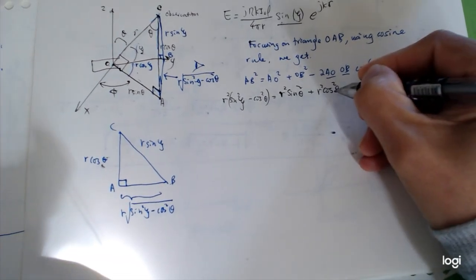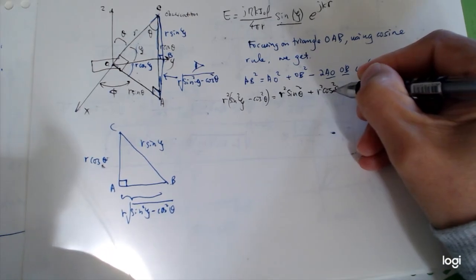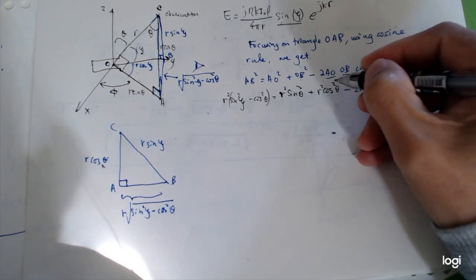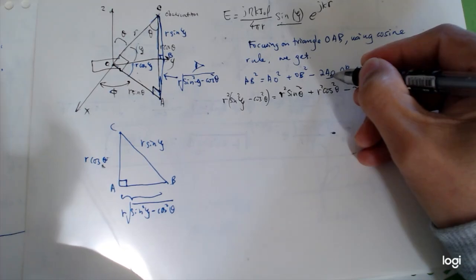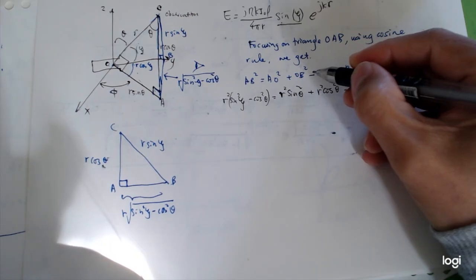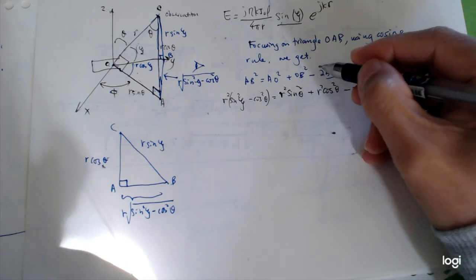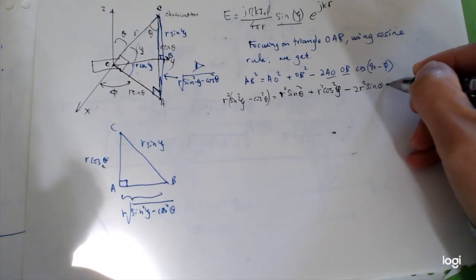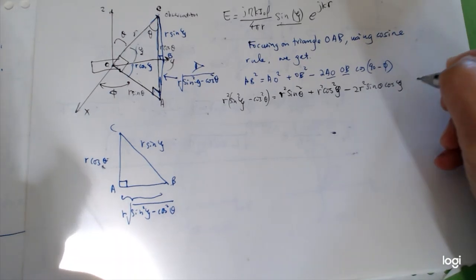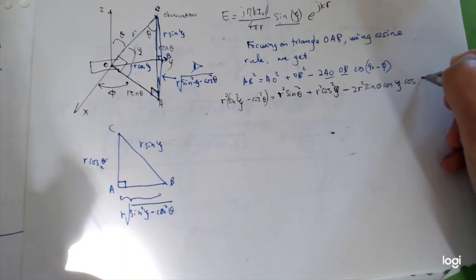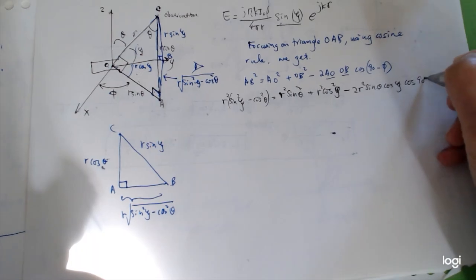Sorry, this one should be AO. AO, yeah, correct. OB should be cos C. So cosine C, and then the angle cosine 90 degrees minus theta.